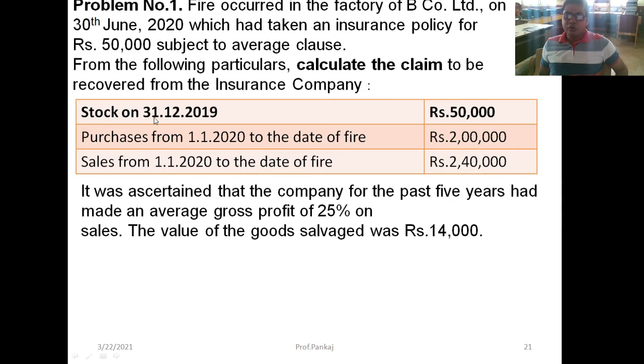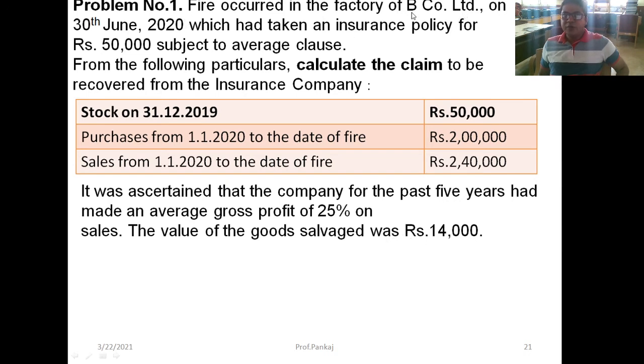Stock on 31/12/2019 is 50,000, the opening stock. Purchases from 1/1/2020 to the date of fire, 2 lakhs. Sales from 1/1/2020 to the date of fire, 2,40,000. It was ascertained that the company for the past 5 years had made an average gross profit of 20% on sales. The value of the goods salvaged was ₹14,000.